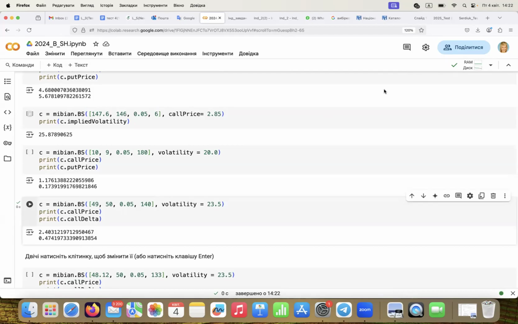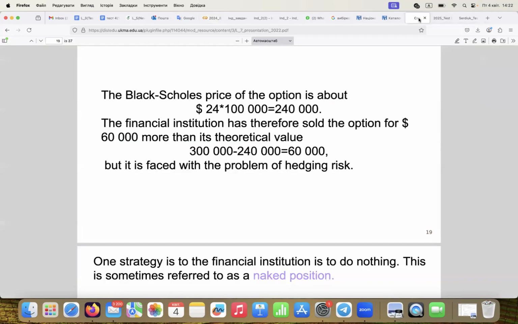Okay, so we return to our example. So this is a theoretical price, but we sold for this price, so it is like 60,000.